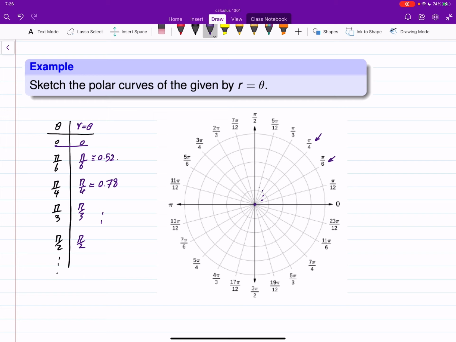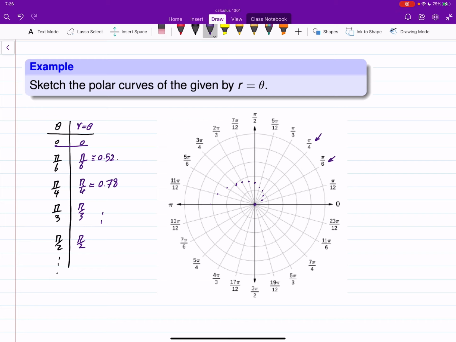Pi over 2 is 1.5 something. As you go around, you get higher and higher values. When you get to 3, you get somewhere here, and then these points are somewhere there, and then you continue this.